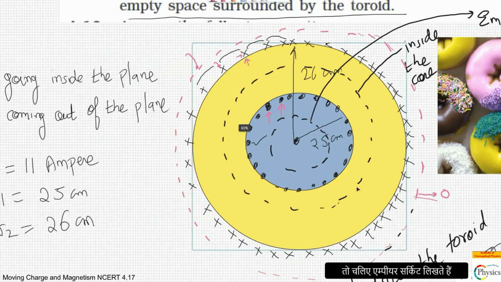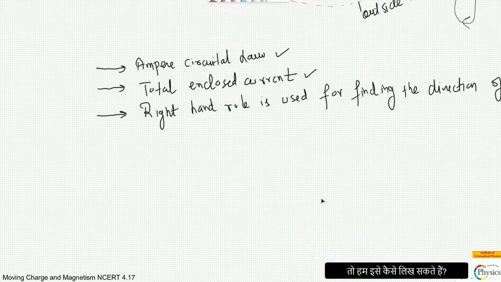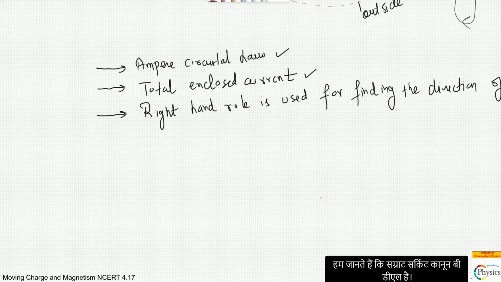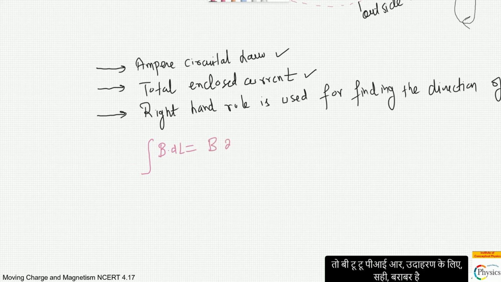So let's write the Ampere circuital law and think about it. We know that Ampere circuital law is the integral of B dl. It's a circle, so B into 2 pi r is equal to mu naught into 0, because you have no current.